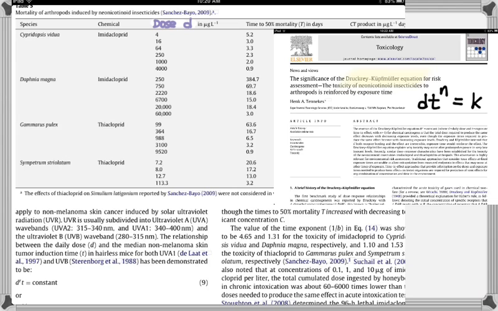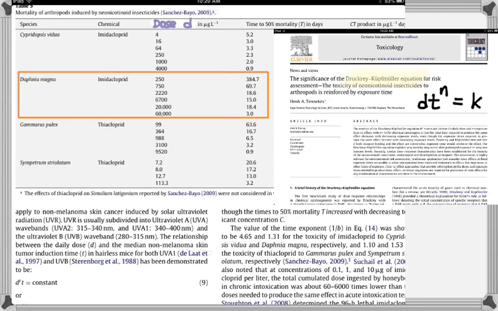This is the paper that I looked at that inspired me to look at this equation as an example for this course. It's a paper from the Journal of Toxicology. And in it, there are the results of several other studies that investigate this dosage versus effect time relationship. The one I want to circle at this point is the data set that we're seeing right here, which is from a study in 2009 where they exposed Daphnia.